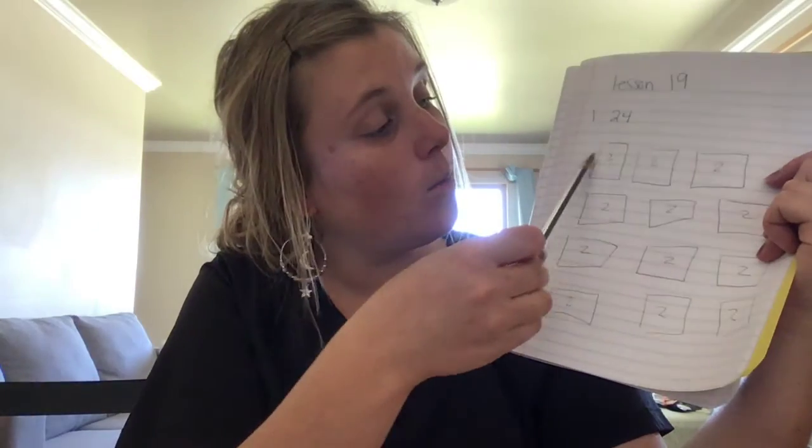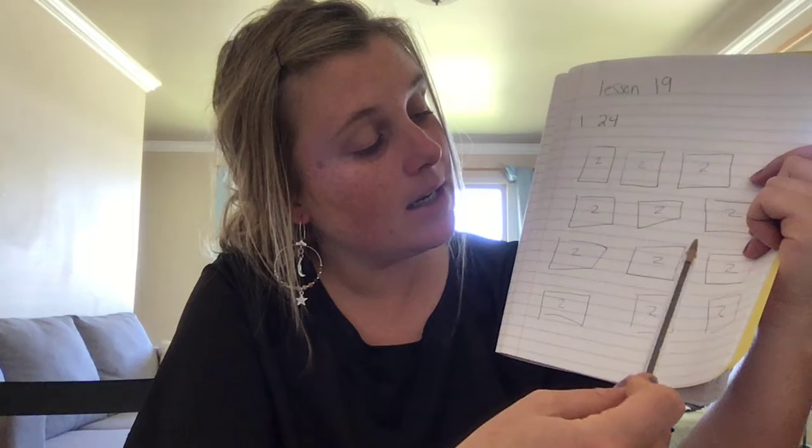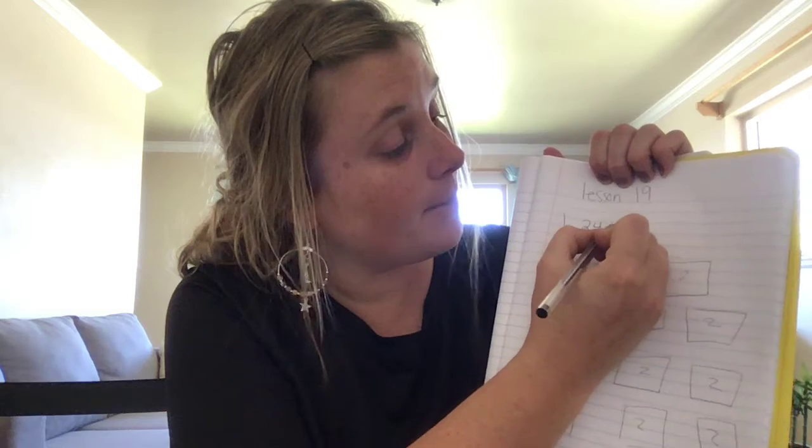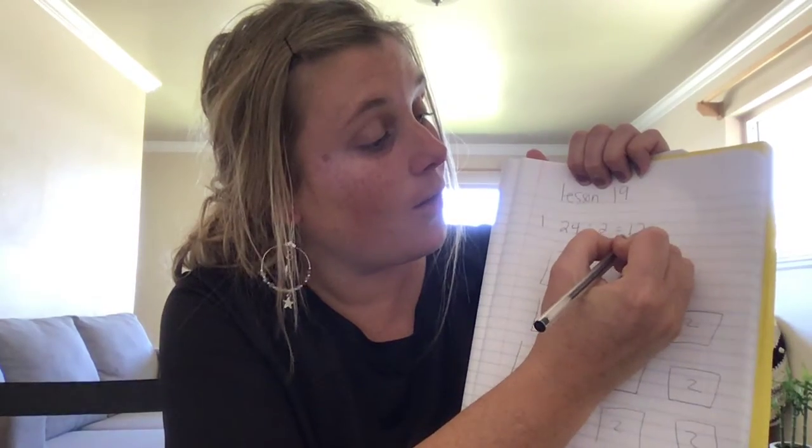We just drew them out, so let's count how many rooms. 1, 2, 3, 4, 5, 6, 7, 8, 9, 10, 11, 12. So we just learned that 24 beds divided by 2 beds in each room equals 12 rooms.